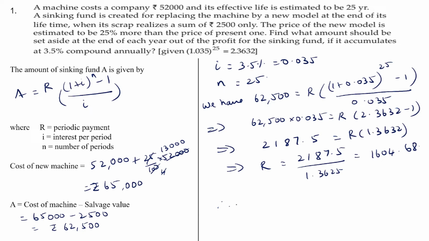Therefore, the amount to be set aside, R, is equal to rupees 1,604.68.